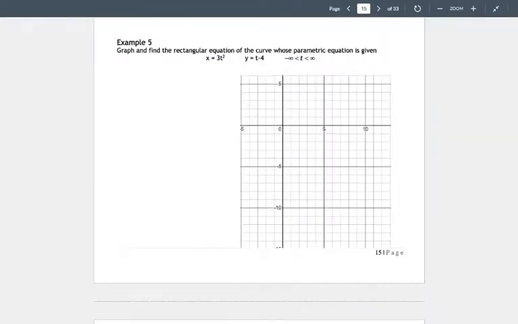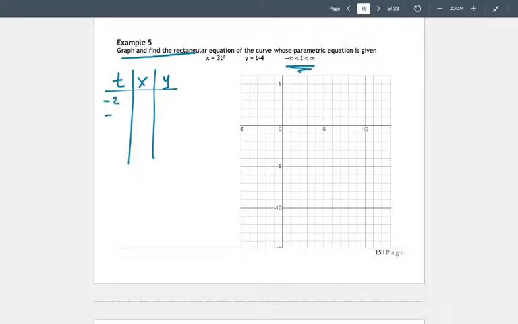Okay, this one is very similar to the earlier example we did, but we're going to, again, graph it and find the rectangular equation. So I'm going to first graph it or do a table. And I know it says negative infinity to infinity, but I don't need all of those numbers, obviously. So I'm just going to do negative 2 through 2.